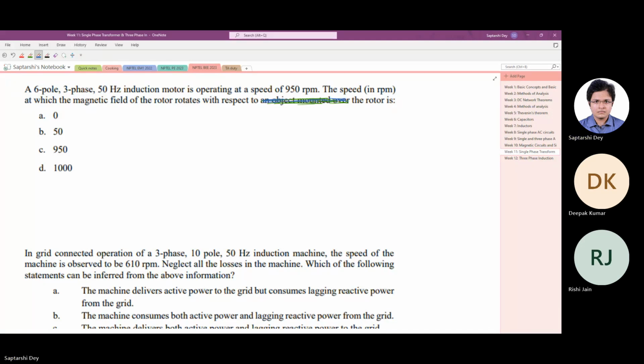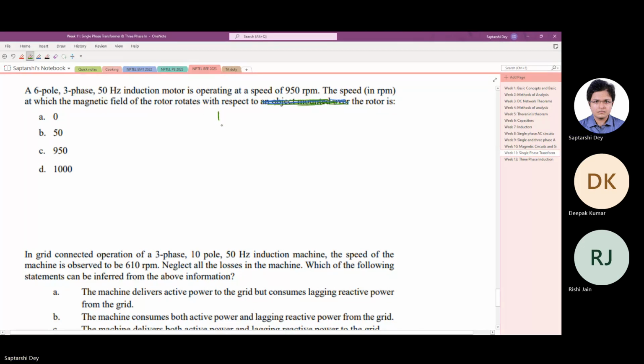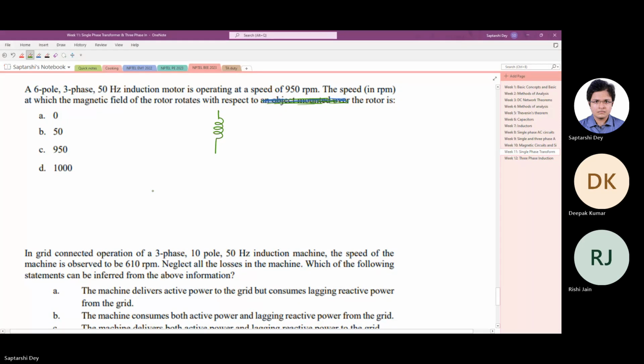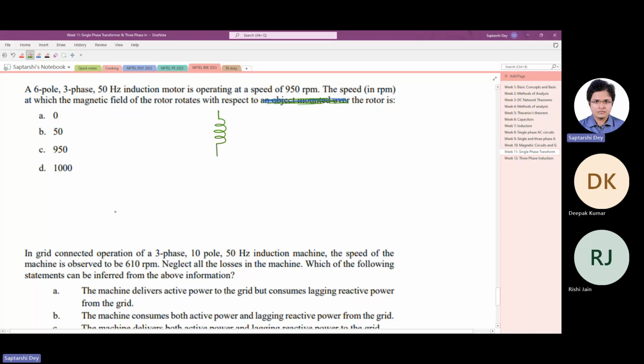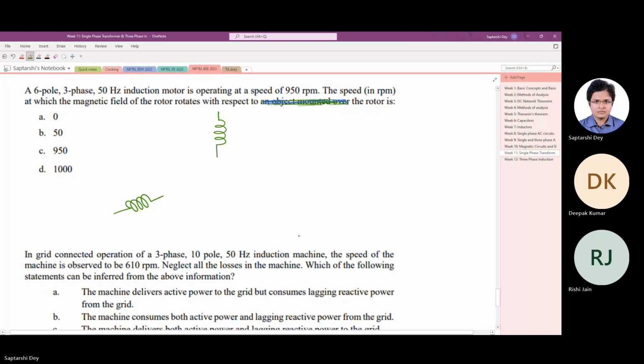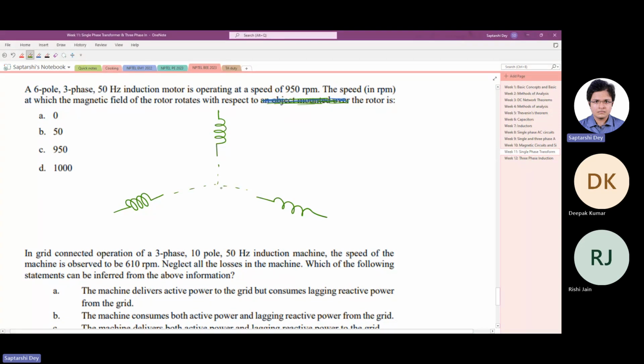Okay, now tell me, if I have 3 coils in space. When I say in space, it means these are 3 physical inductors which are actually kept like this, 120 degree shifted in space, and if I supply them with a balanced 3-phase source, what kind of magnetic field do they generate?